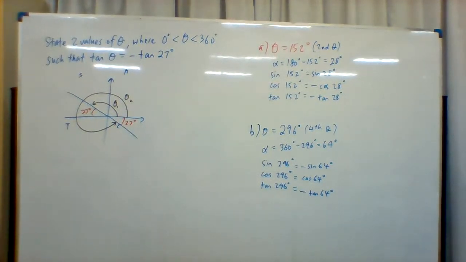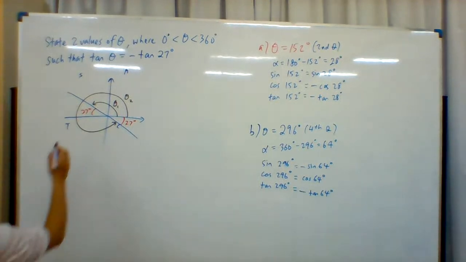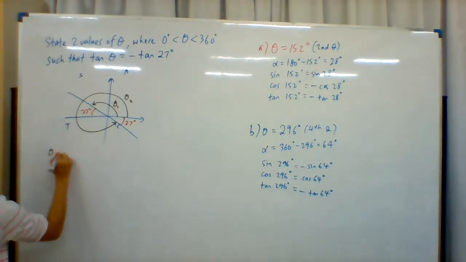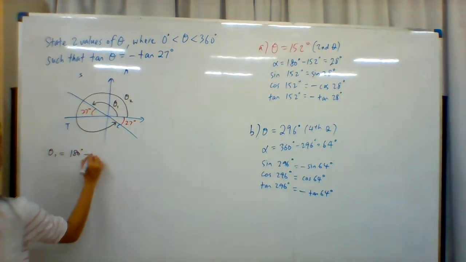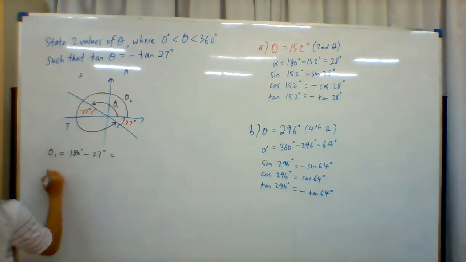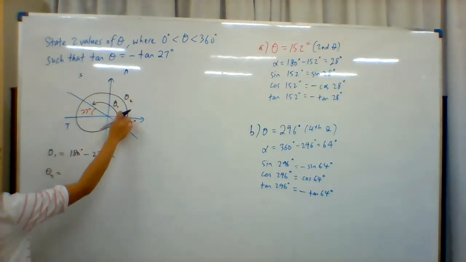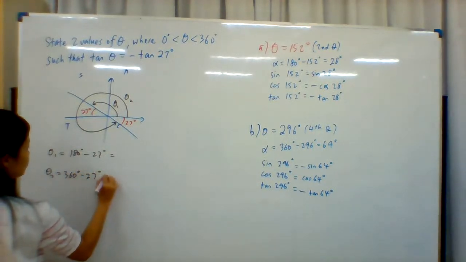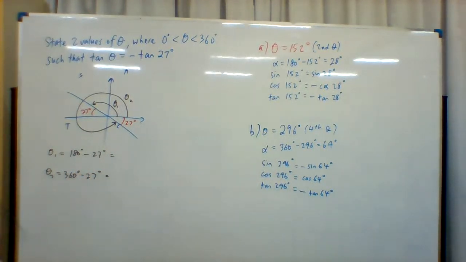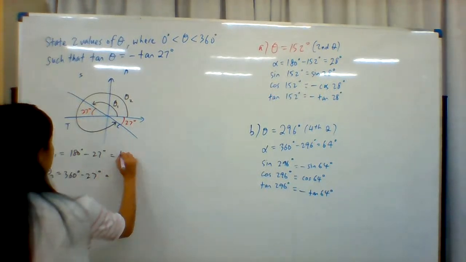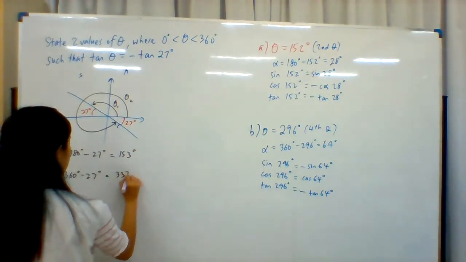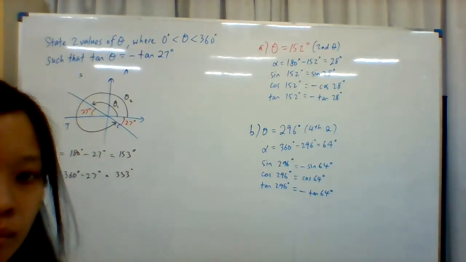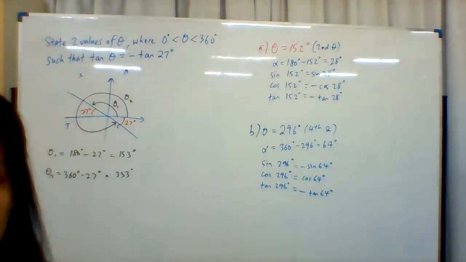So for the second quadrant value, if this is 27, if you want to get this, you have to take 180 minus 27, right? For your theta 2, if you want to get this value, you have to take your 360 minus your 27. Okay or not? Very good, Steph.